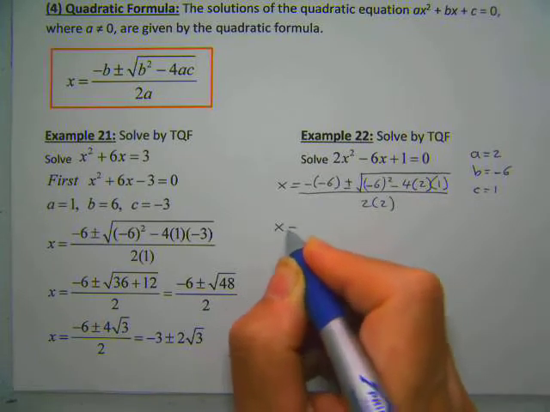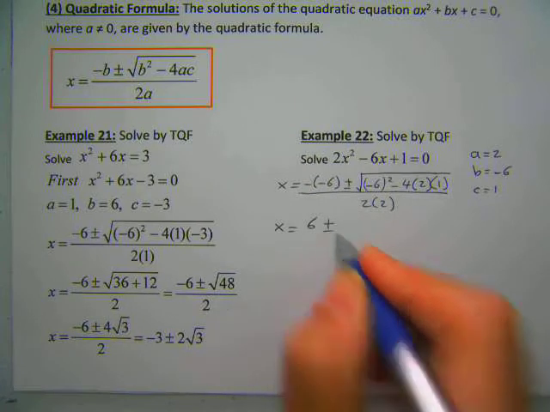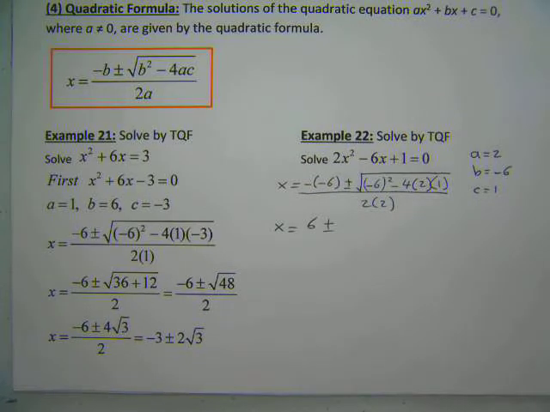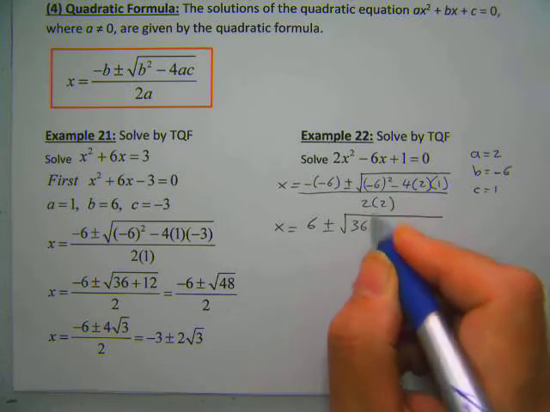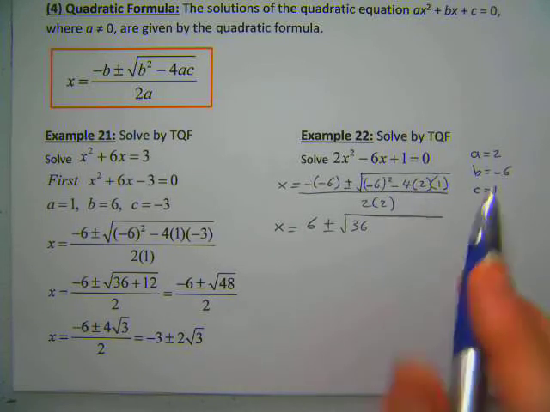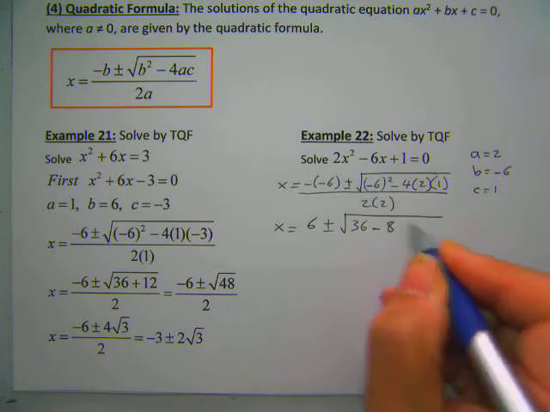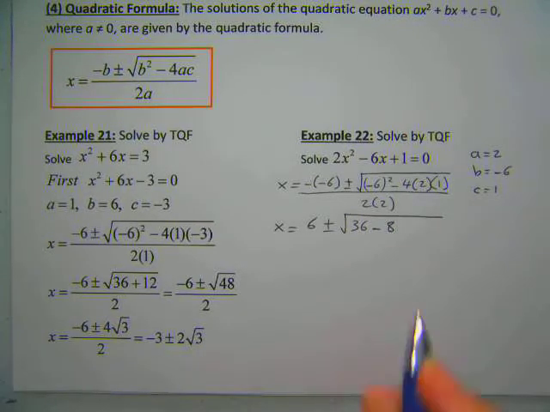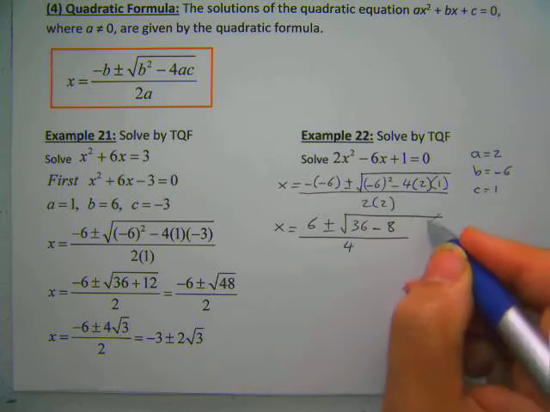Okay, let's see the simplification. Now negative and negative, so that's plus 6 plus or minus the square root of 36. Remember the negative 6, the whole thing squared is positive 36. And here I have negative 4 times 2 times 1, which is 8. Okay, all over 4.